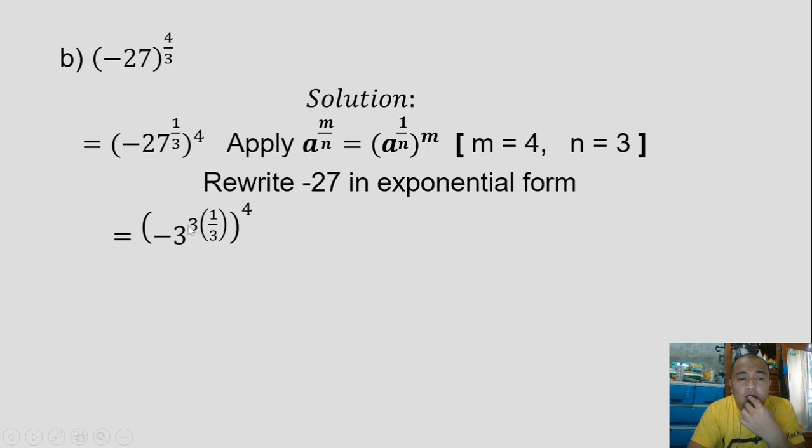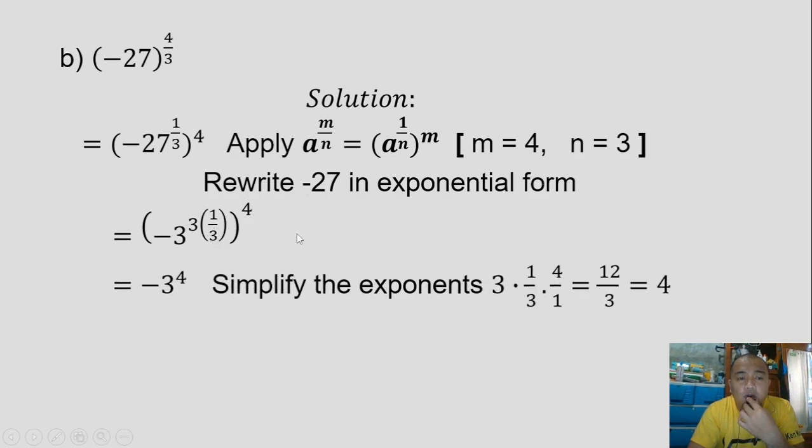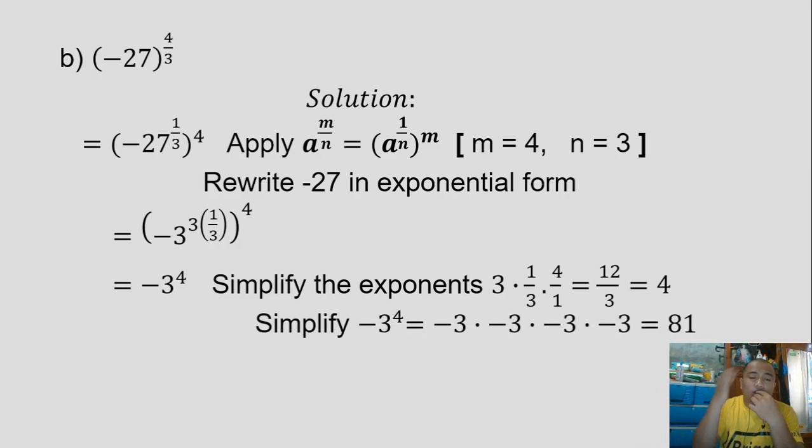Let us multiply the exponents: 3 times 1/3 is 1, times 4 is 4. Therefore the answer is negative 3 to the 4th power, or negative 3 times negative 3 times negative 3 times negative 3, which equals 81. So negative 27 raised to 4/3 is equal to 81.